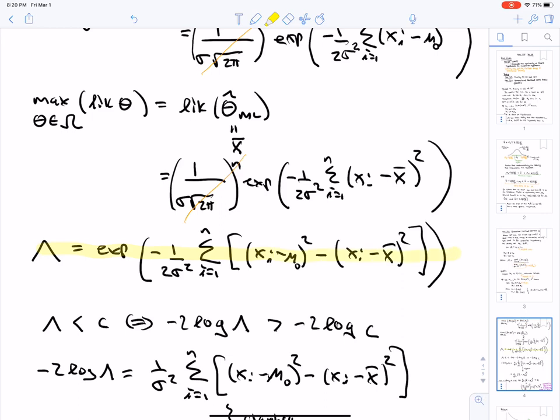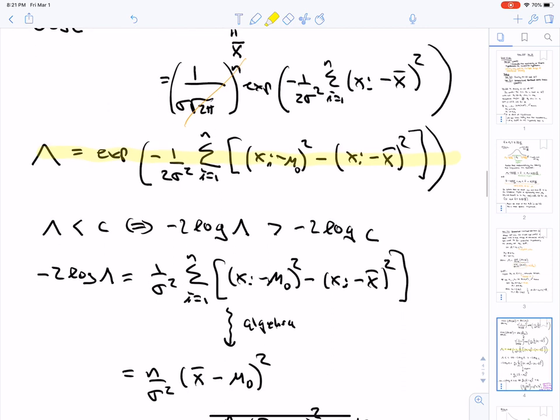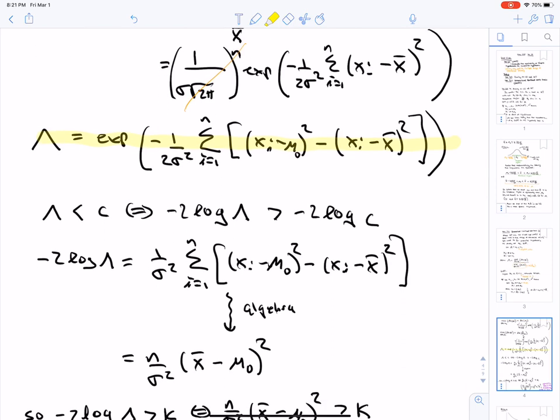And so now lambda is less than c if and only if minus 2 log lambda is greater than minus 2 log c. And so minus 2 log lambda is, with a bit of algebra you can see, n over sigma squared (x bar minus mu 0) squared.